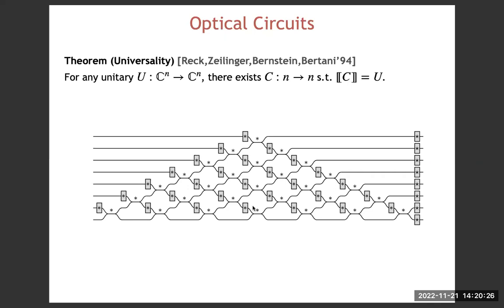You can implement any unitary transformation, and we have this interesting triangular shape. Notice that this form is not unique: if you want to implement your favorite unitary transformation, there might be several values of the angles that give the unitary you want. So the angles are not unique in this representation. I will go back to this point in a few slides, but we have this interesting universality result.